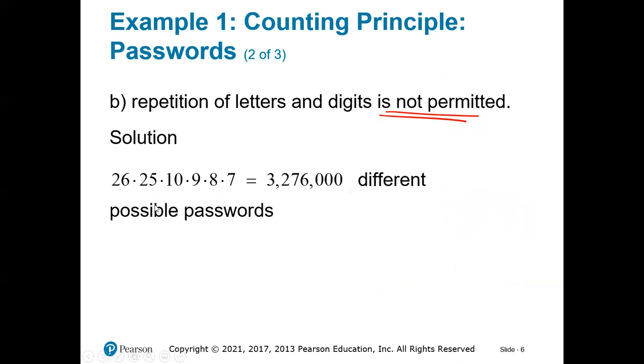So if repetition is not permitted, 26 is how many choices I have to pick the first letter, 25 is how many choices I have to pick the second letter. Then 10 possibilities for the first digit, 9 for the second digit, 8 for the third one, and 7 for the last digit. In total, I have 3,276,000 different passwords.